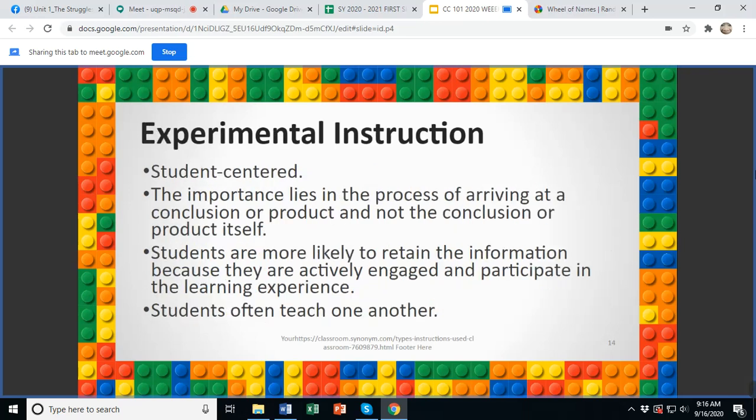Last is experimental instruction. It's also student-centered, but this one is more on discovery. Experimental instruction is somehow delicate because you really need to read the instruction and follow it carefully.